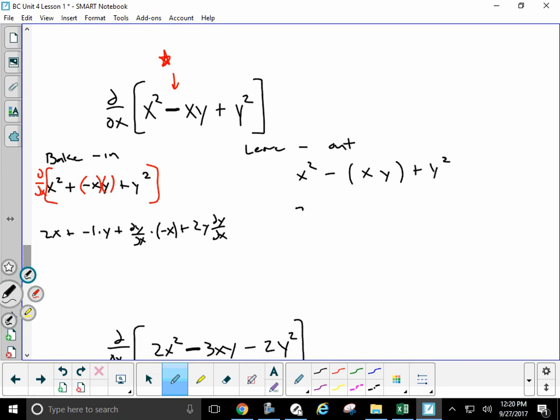And I would take the derivative of everything, giving me 2x and then minus the quantity of the derivative of x times y. So this would give me the 1 times y plus dy dx times x, and I would go from there.